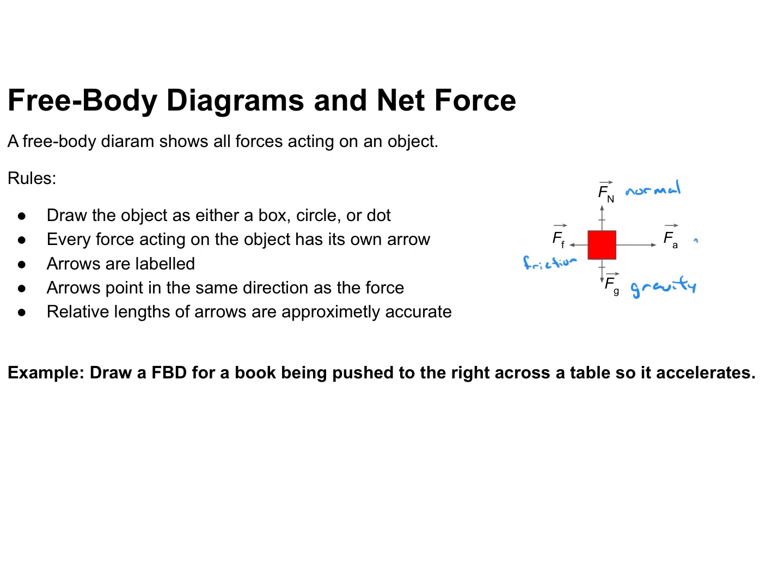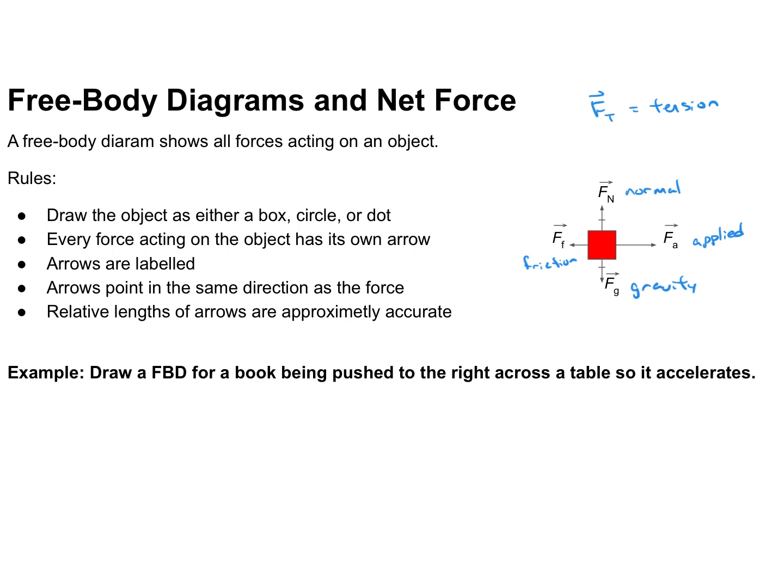And for applied force, a subscript of A. There's no tension in this example, but if you had tension, I'd like you to use a subscript of T. So those are the general subscripts you can use to distinguish the different forces.